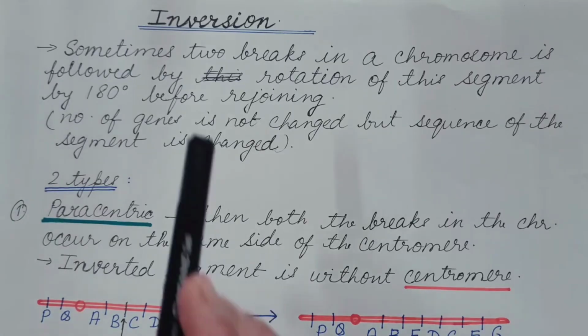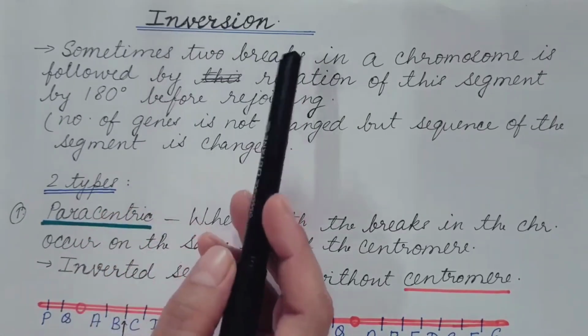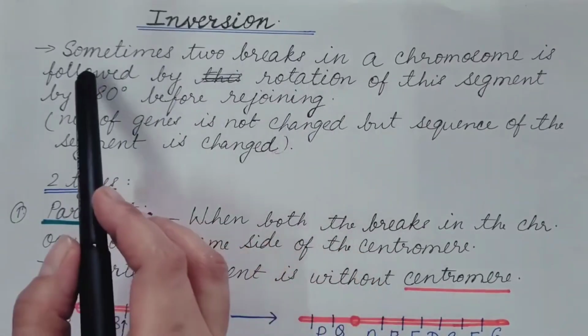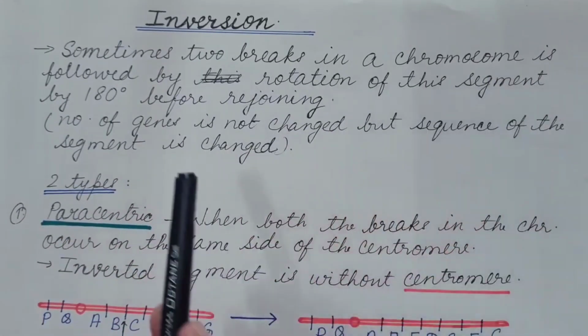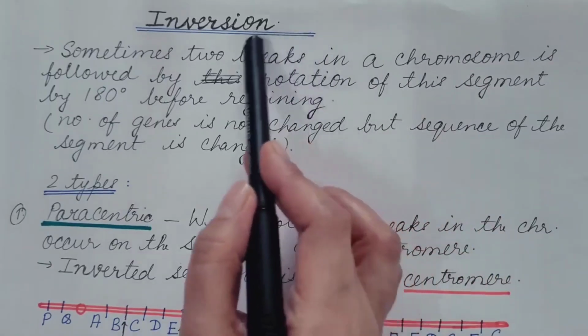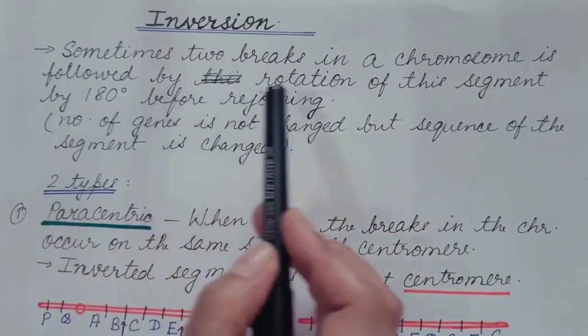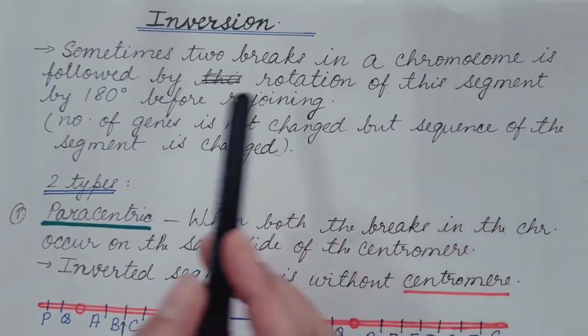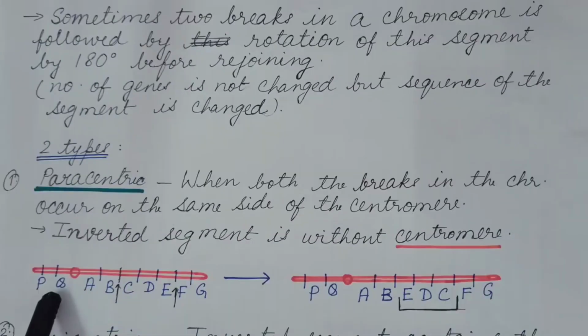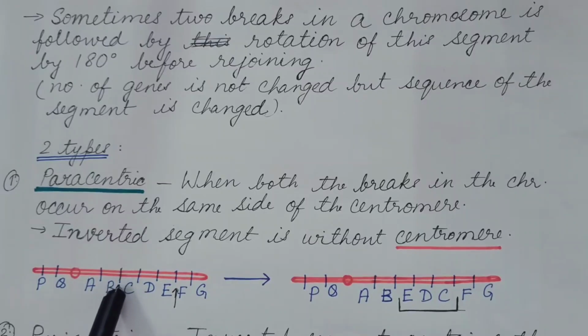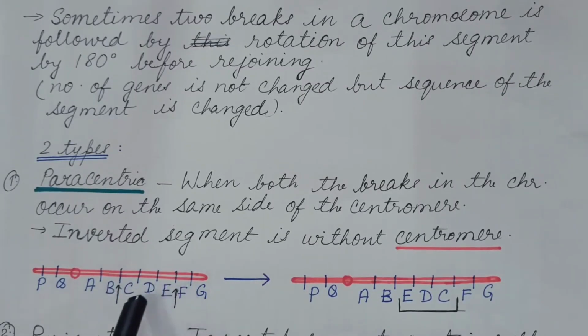We are going to discuss inversion. So what is inversion? Sometimes two breaks occur in a chromosome, and this break is followed by the rotation of the segment by 180 degrees before rejoining. Suppose this is a chromosome and two breaks are taking place, one at this point and one at this point. This is the segment.